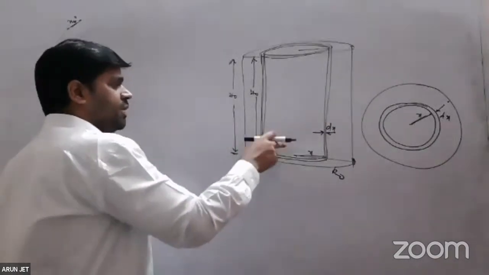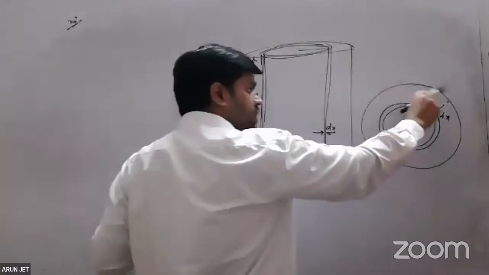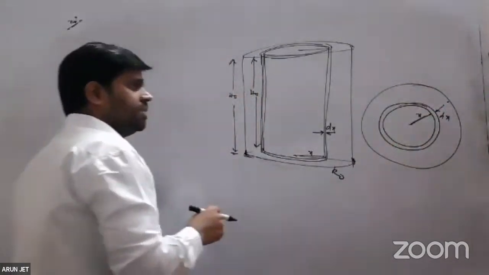Now, what is the volume of this one? The volume of this thin sheet of width dx, height h and radius x.